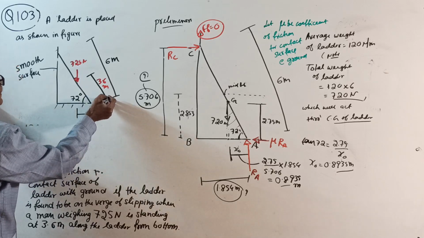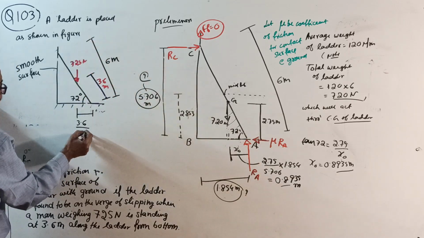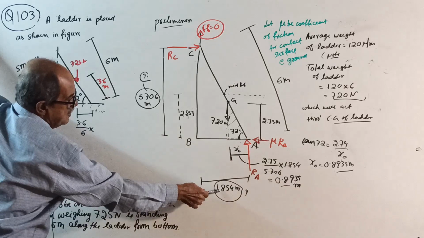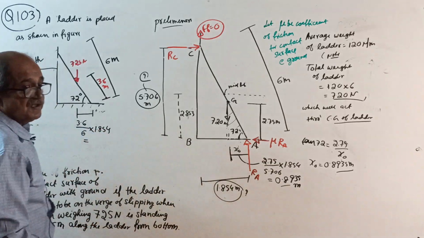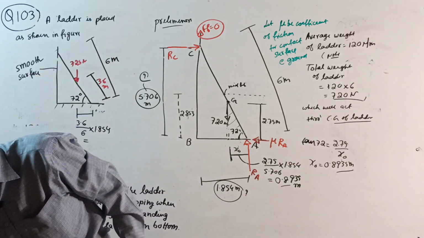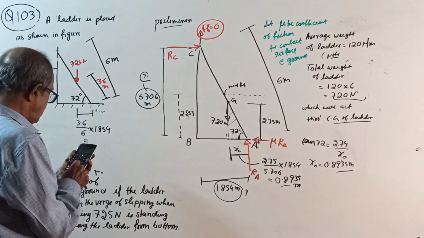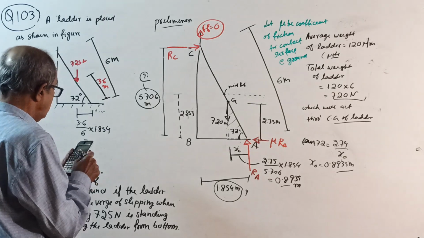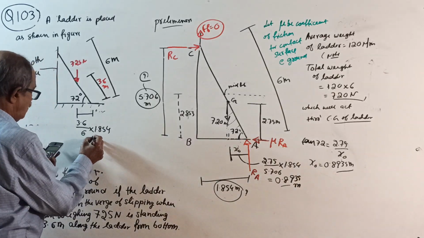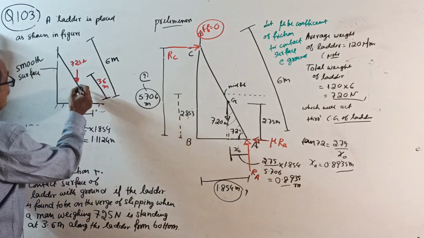How much is it? 3.6 by 6 into 1.854. Calculate. I told this earlier too. It is 1.1124 meter.